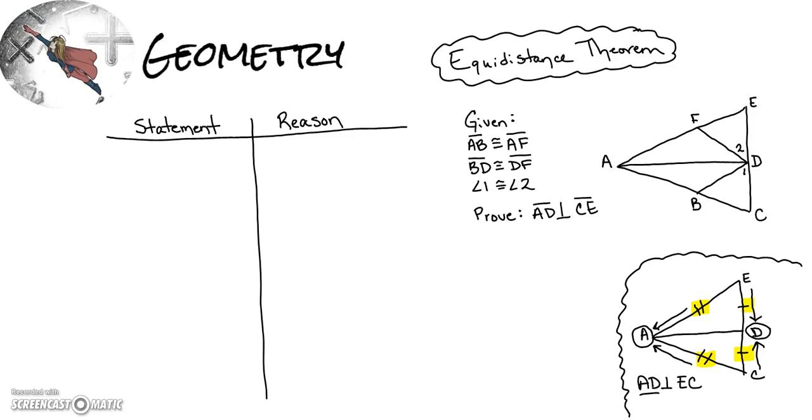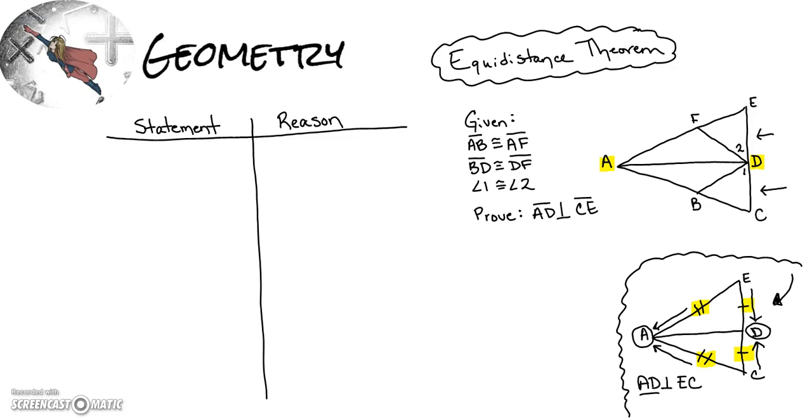So now if we look back up at our current problem and compare it to that, here's D and here's A. So here's our goal. We want to have ED congruent to DC, just like in my triangle down here.